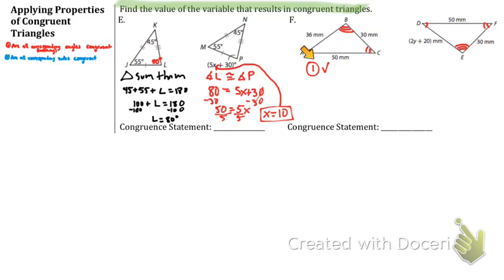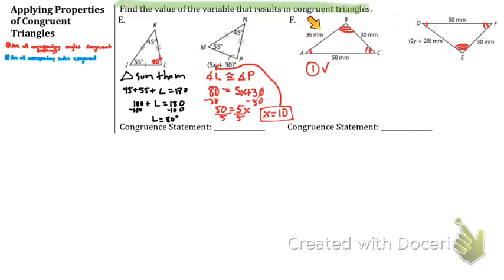AC, 50, matches with DF, 50. That's one side. We have BC, 30, with FE, 30. They're both 30. They're good. Therefore, AB matches with ED. In order for them to be congruent, these two measures have to be equal.